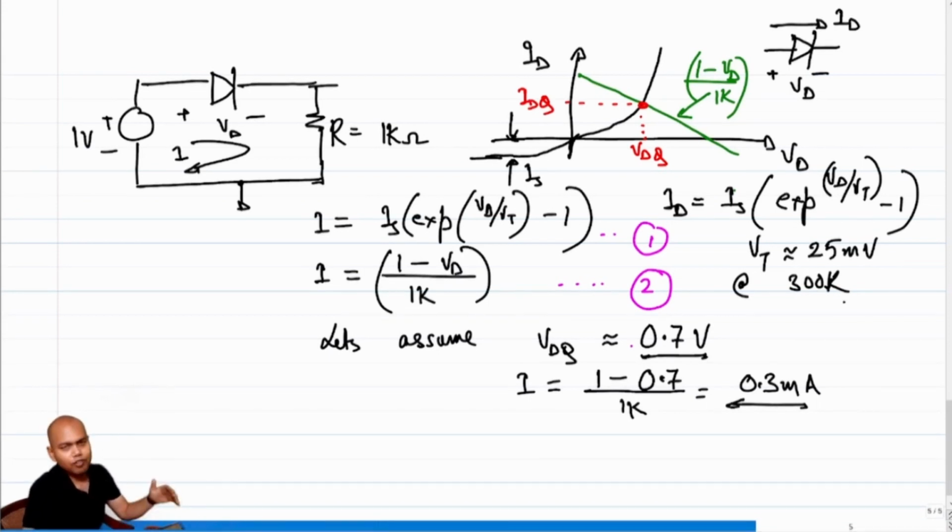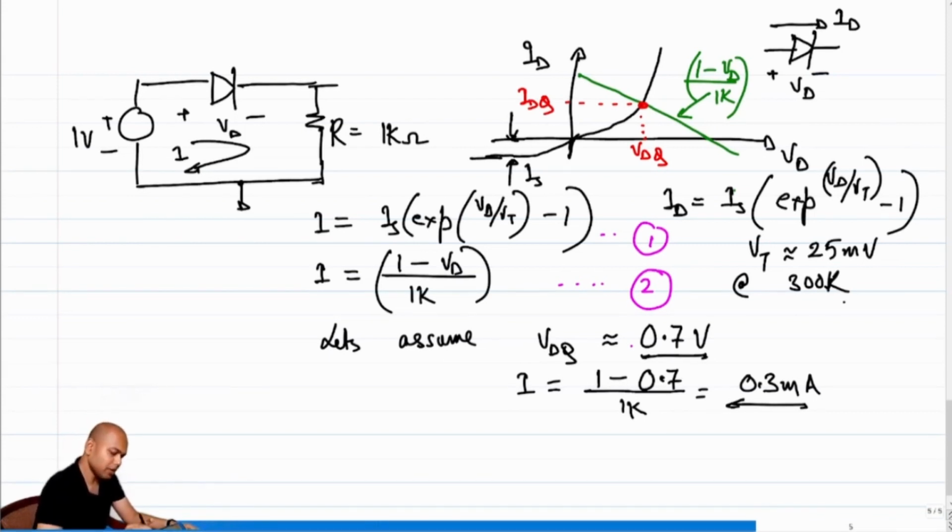So as it turns out, for certain ranges of current, these 0.7 volts, 0.65 volts values that we generally take hold true to some extent, but it's not ubiquitously true. For this course, since we will be operating under current ranges of a milliamp or so, we will again assume VDQ to be equal to 0.7 volts.